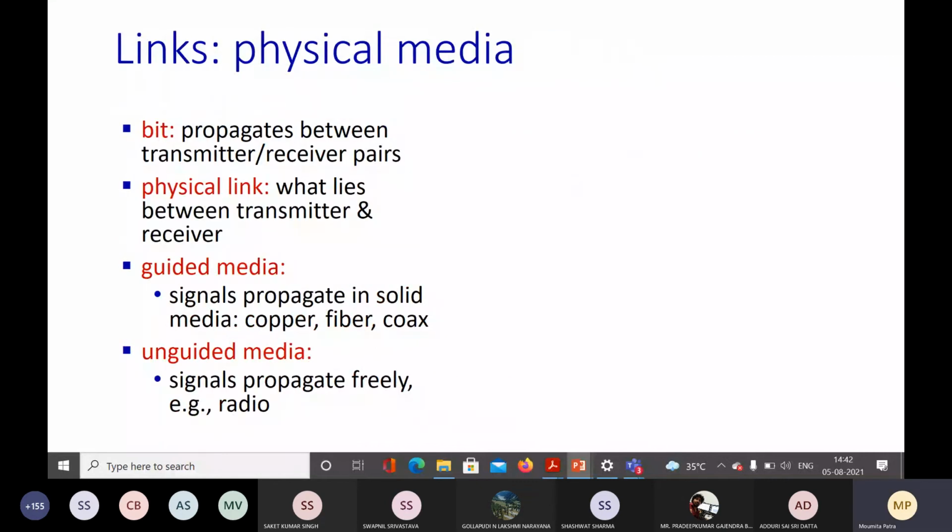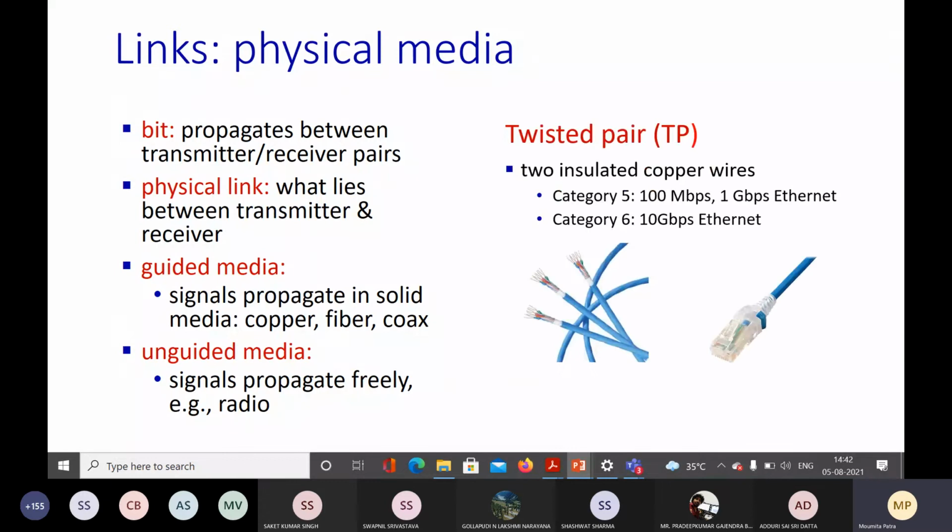So let's get to what are the different kinds of physical mediums through which data can propagate. The data that we are sending is basically bits of data, but we are sending it as signals.